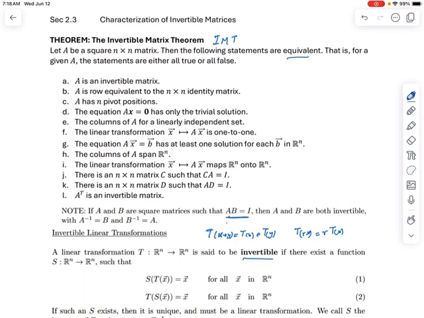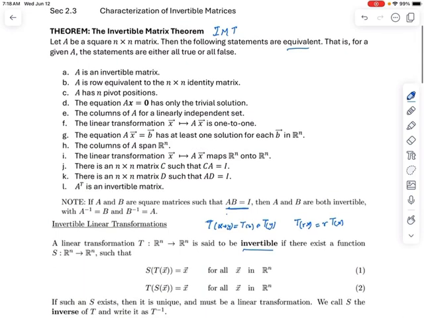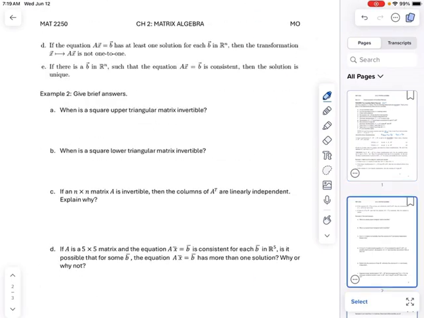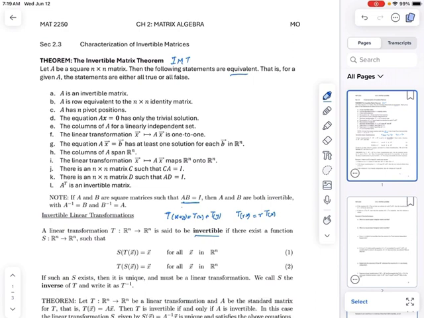If we apply one transformation and then the other, we go back to where we started. If such an S exists, then it is unique and must be a linear transformation, and it is the inverse of T.